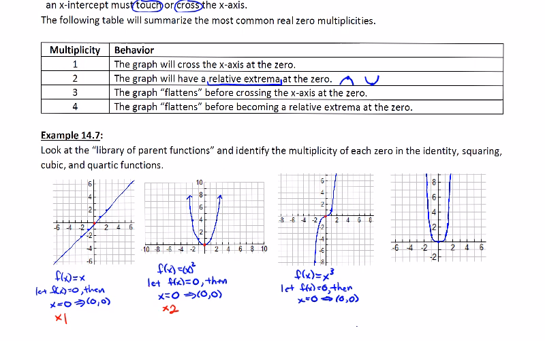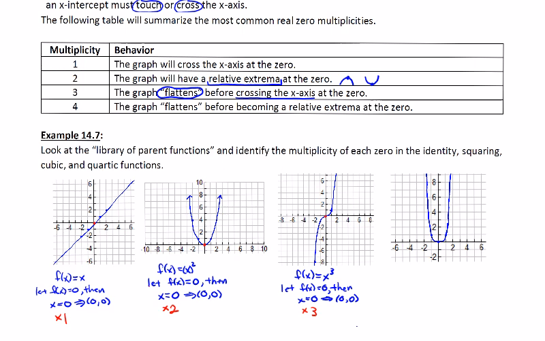But the multiplicity of the origin, it's there 3 times. So what does the table say about the multiplicity for 3? It says that the graph flattens before crossing the x-axis. So this is very similar to a multiplicity of 1, except we have to have this little flattening effect.